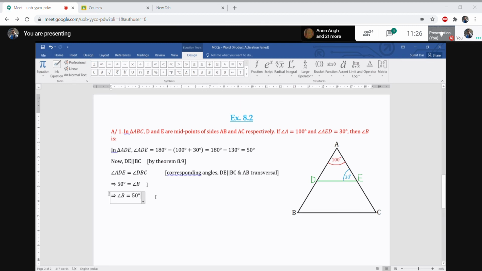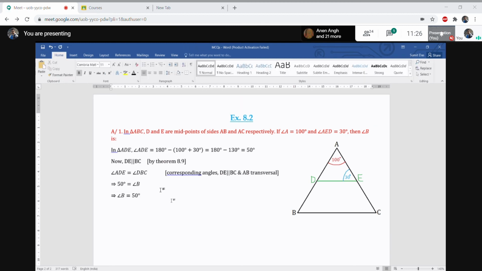Okay, angle B value is 50 degree. Option C is correct.